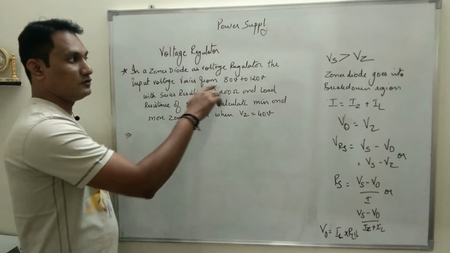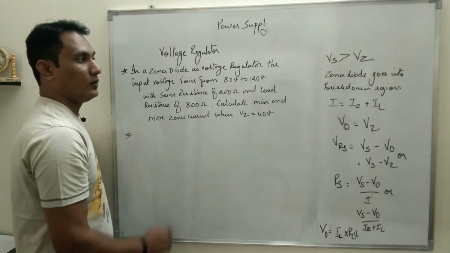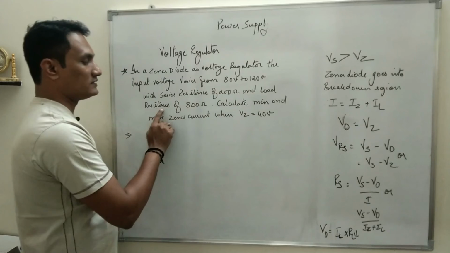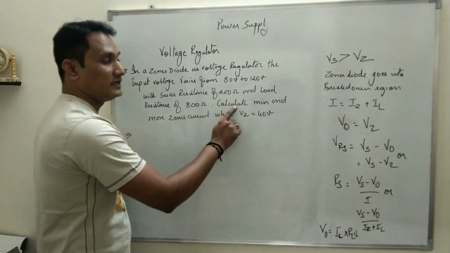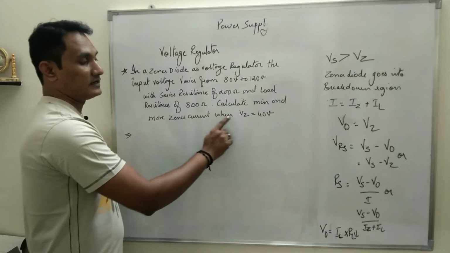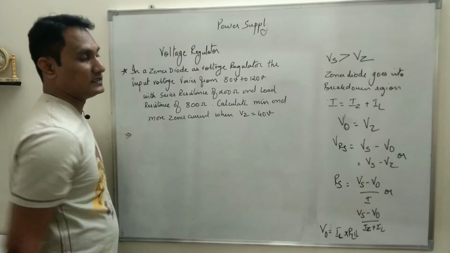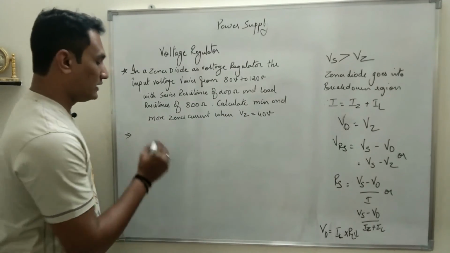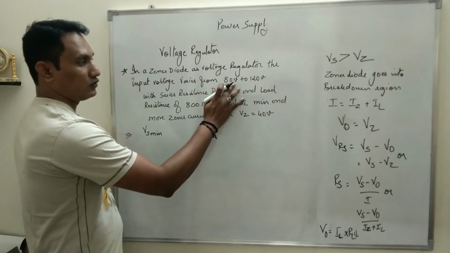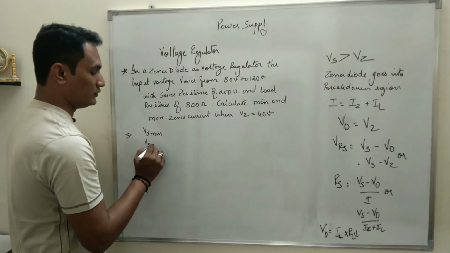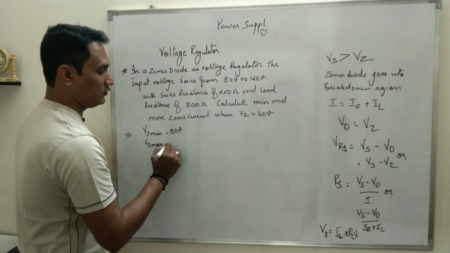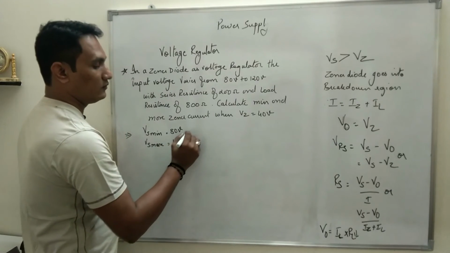That means the minimum value is 80 volt, the maximum value is 120 volt, with a series resistance of 200 ohms and a load resistance of 800 ohms. We need to calculate the minimum and maximum Zener current, and it is given that Vz is equal to 40 volt. So let us first write everything. What is Vs minimum? That is the source voltage. We have two values, Vs minimum and Vs maximum, which are 80 volt and 120 volt.